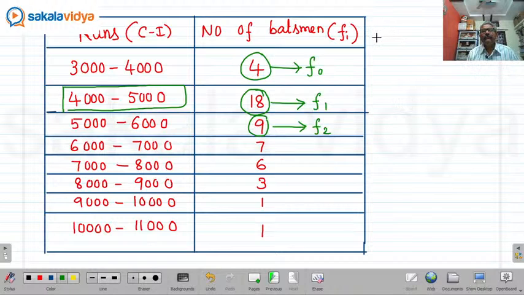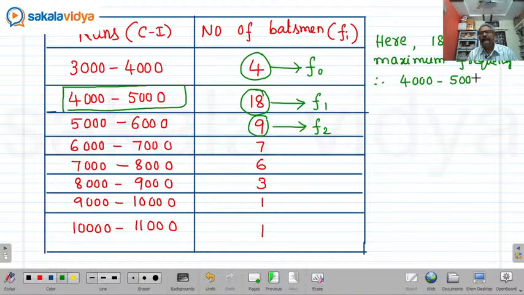Now here, 18 is the maximum frequency, therefore 4000 to 5000 is the modal class.